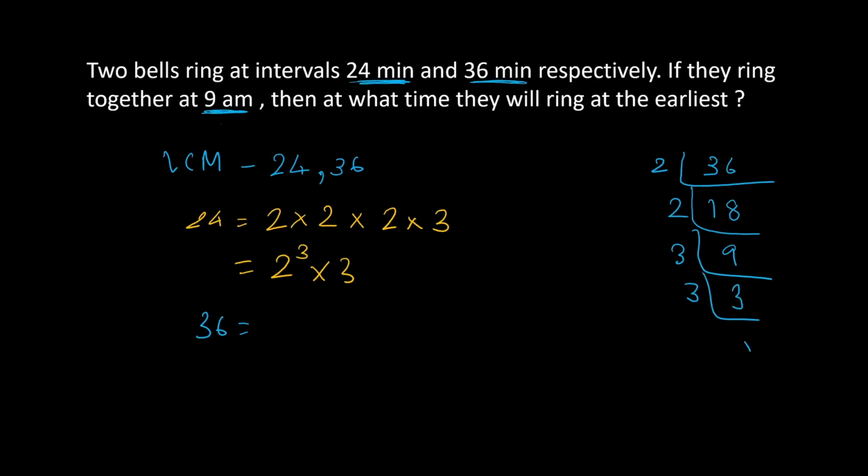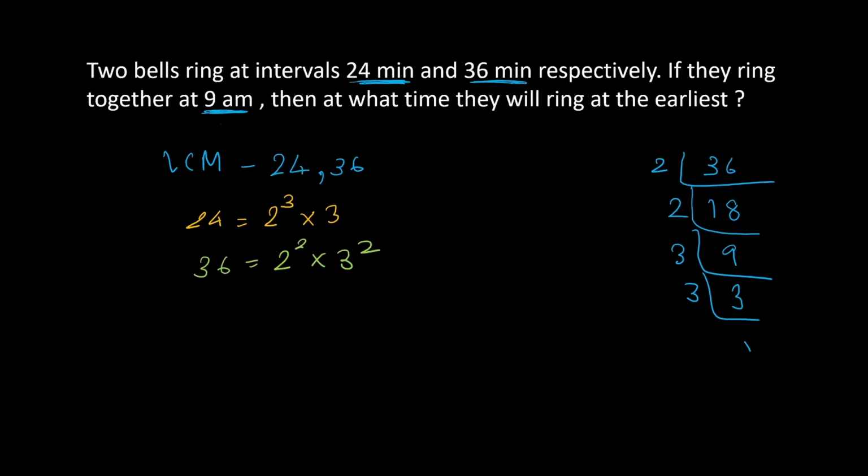So this is written as 2 times 2 times 3 times 3, which is 2 squared times 3 squared. Let me write this down together in a simpler way.